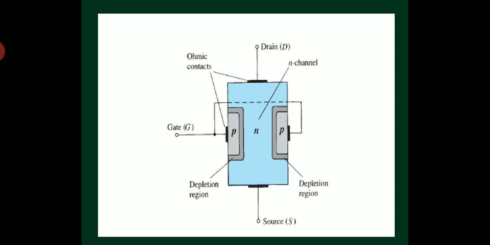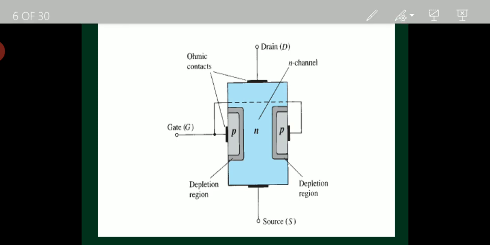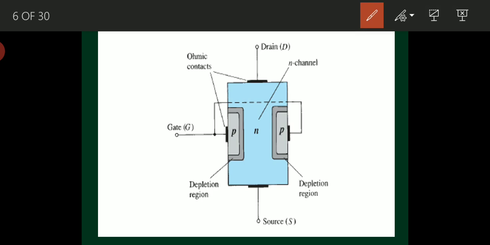The top of the N-type channel is connected through an ohmic contact to a terminal referred to as drain. Okay, you can see here the total semiconductor substrate is N-type, right? In that N-type, I am diffusing P-type in the middle.